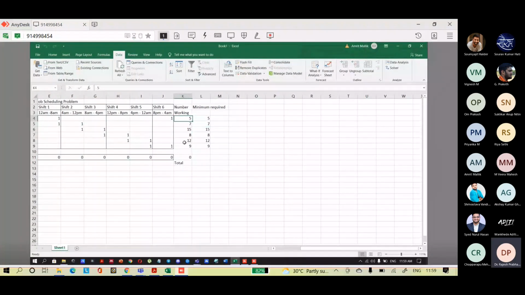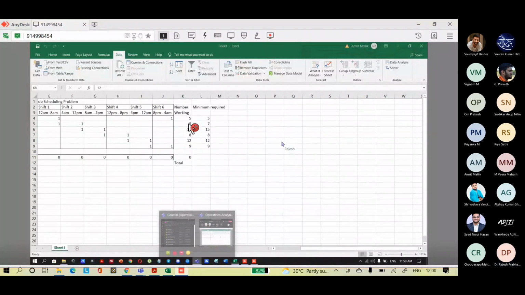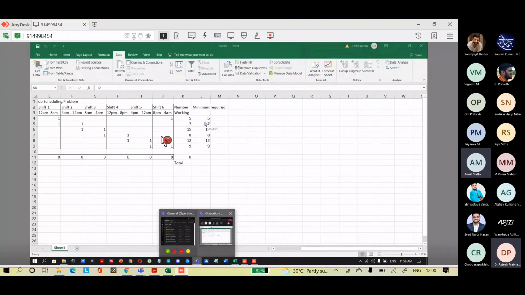You didn't put the formula here. In the number working, you didn't put the sum product formula. There is a formula in this cell. Oh, got it, sir. I'll put it again. I think the formula went away after I tried something.